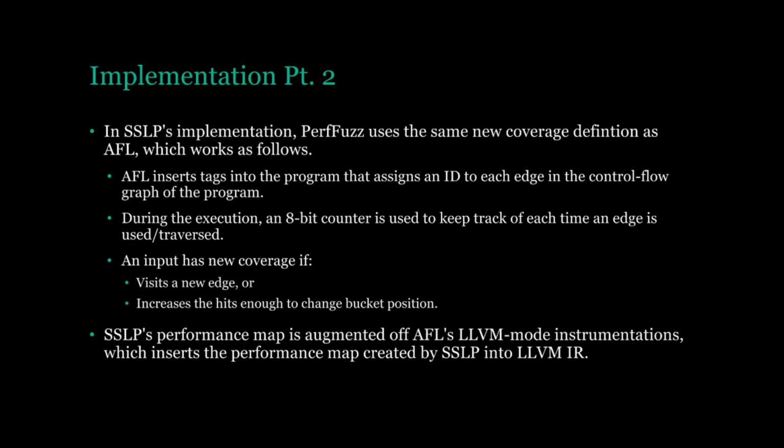During the execution, an 8-bit counter is used to keep track of each time an edge is traversed, and a new input has achieved new coverage if it visits a new edge or increases the hits enough to change the bucket position. And what I mean by that is AFL keeps the number of hits in only 8 buckets, like in a hash table or map, I guess.